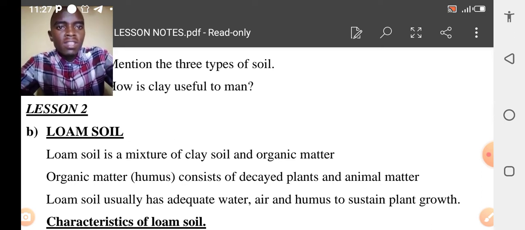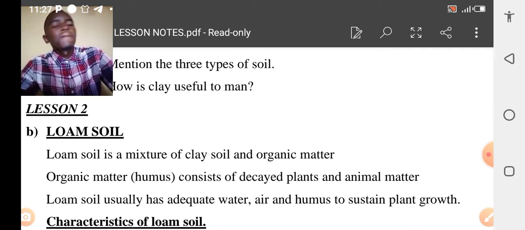Organic materials like humus. Humus is the rubbish you see everywhere, which forms the manure. It consists of decayed plant and animal materials. Humus is made by decayed or dead plants and animal materials like cow dung and so forth.